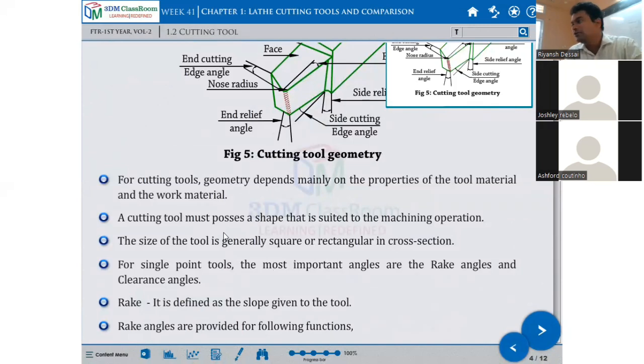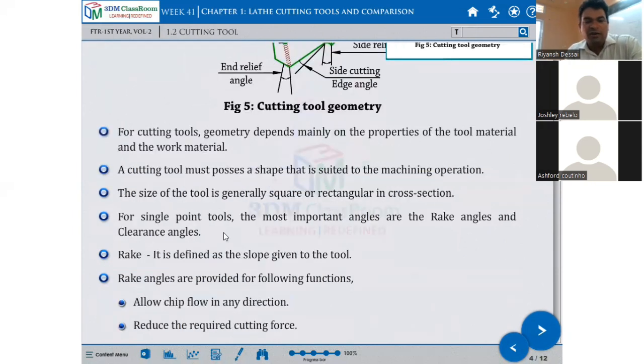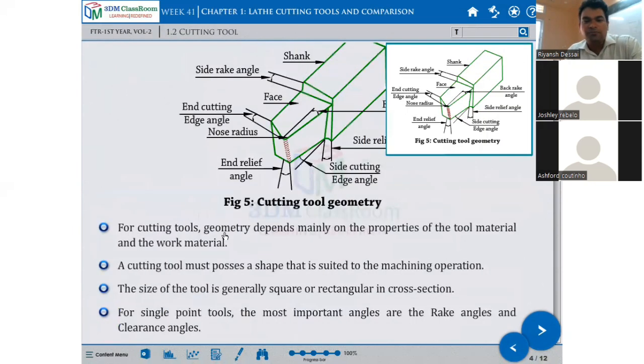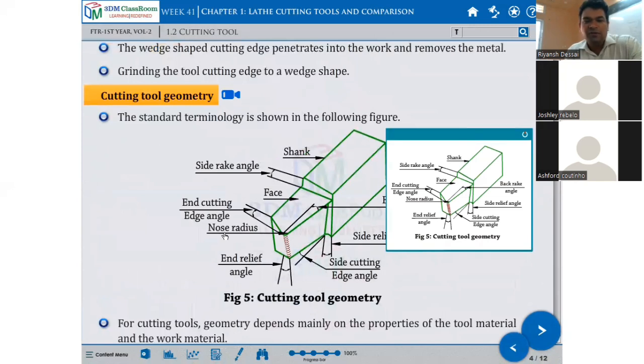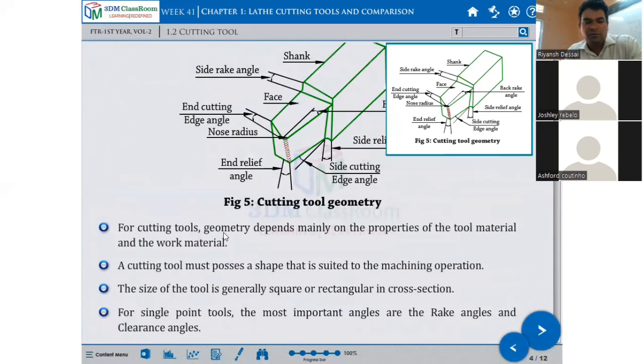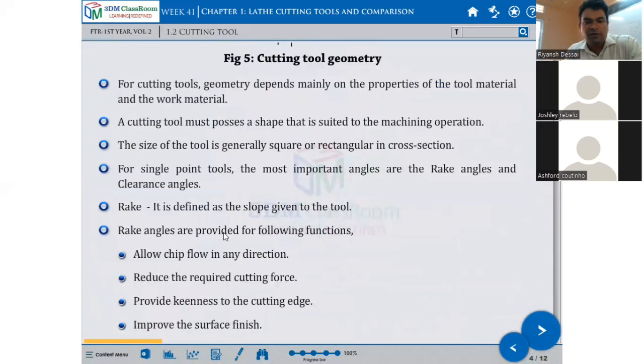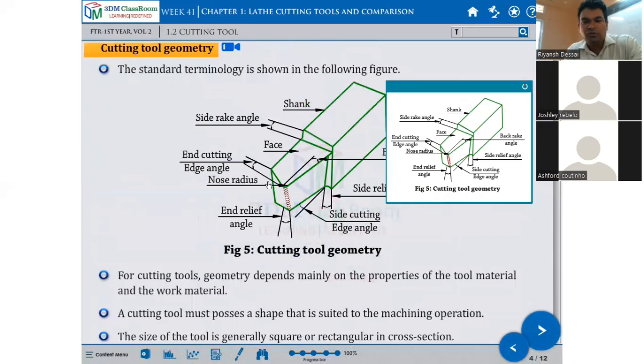You have to maintain both angles, then only will cutting take place. Rake is defined as the slope given to the tool. This is called rake.